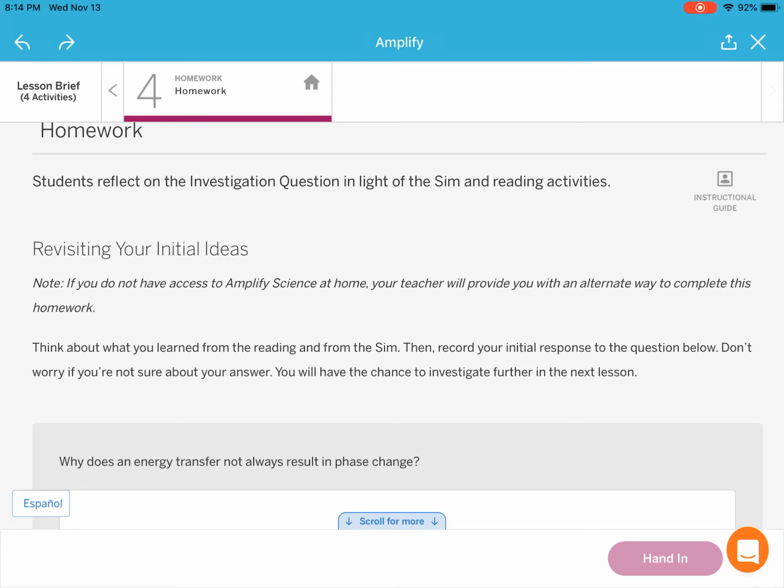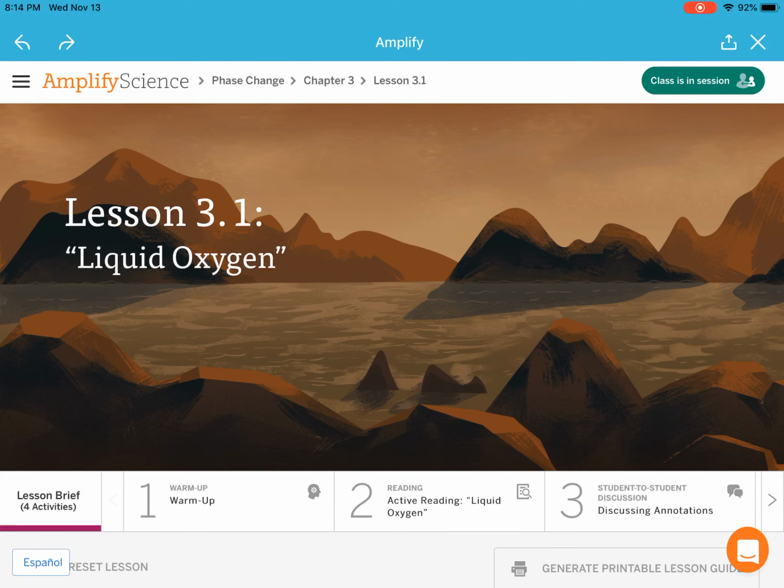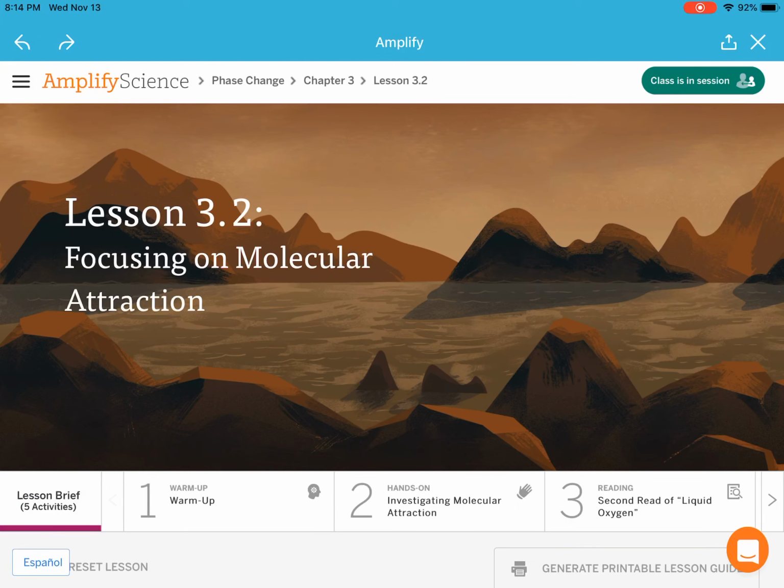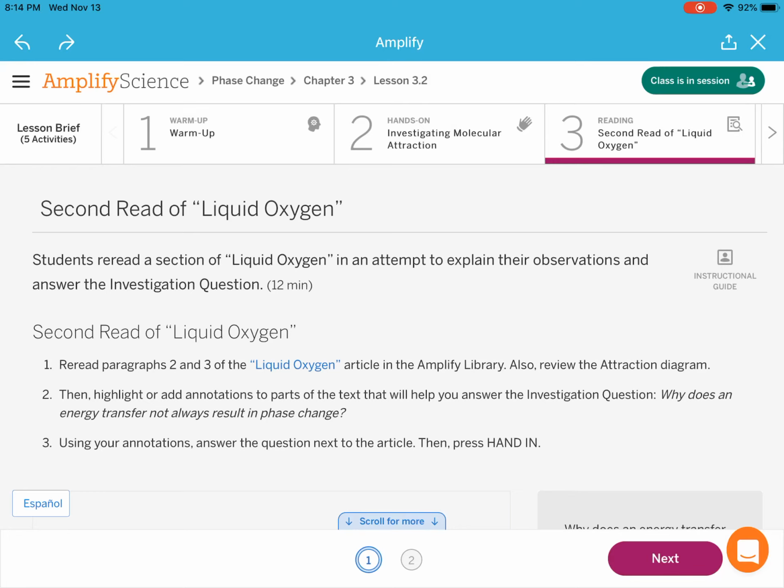So let's go back, and we're going to Chapter 3, Lesson 3.2. Today we are going to skip the warm-up, and we're going to skip number 2, the hands-on molecular attraction. We'll pick up that tomorrow, and we're going straight to the second reading of the liquid oxygen.